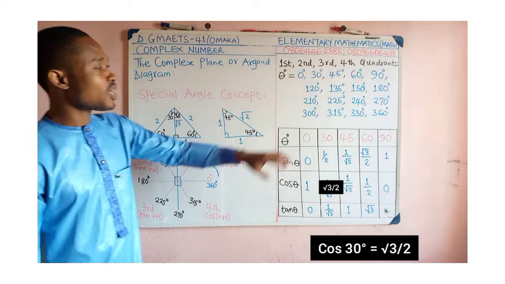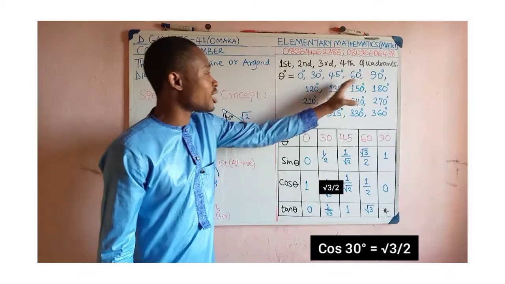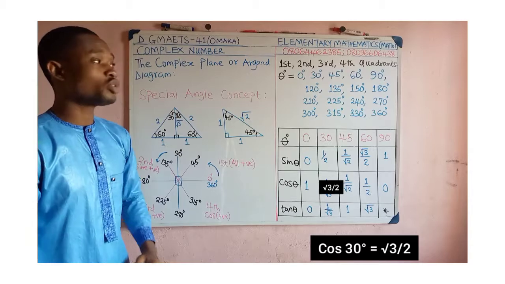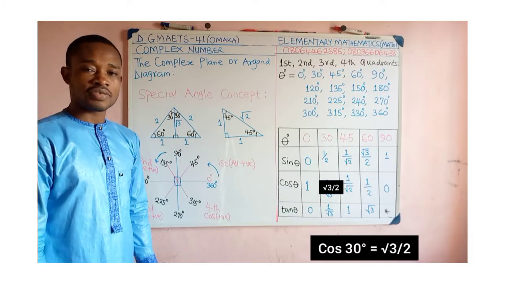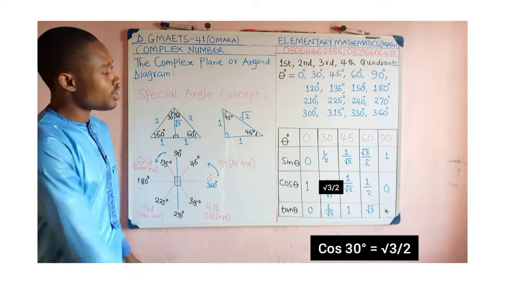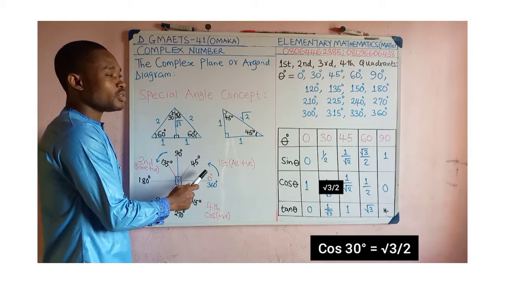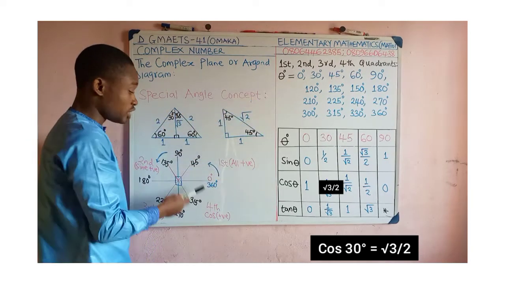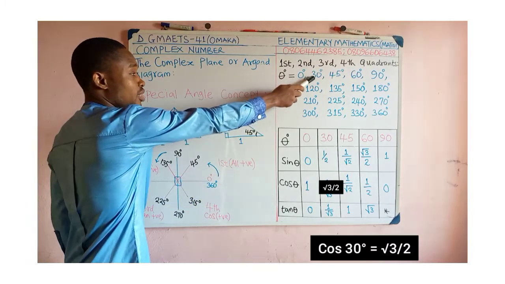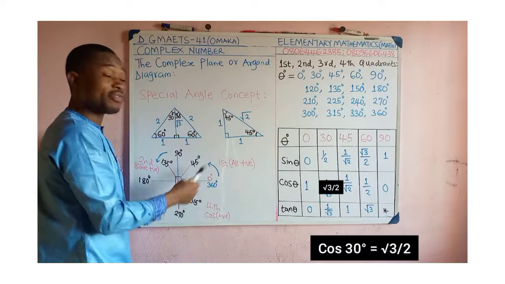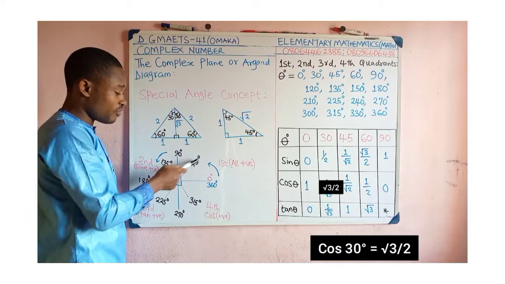So first of all, let us see how we generated these special angles from each of the quadrants. All I need is 15 and 30 degrees. So we have our 0. The first one is 30 degrees, which is adding 30 to this 0. Are you getting me right? You get 30 degrees. How do we now get 45? You add 15 to 30, you get 45, which is the middle.